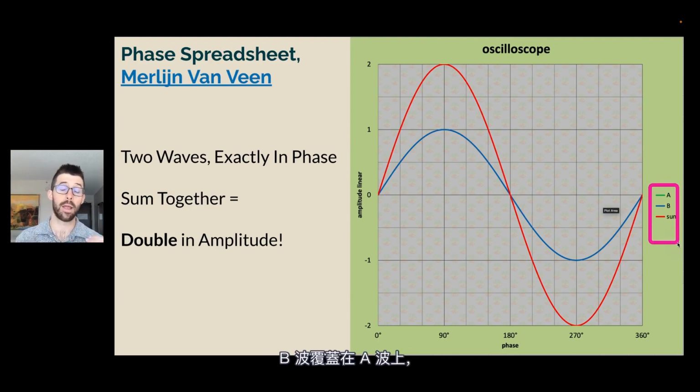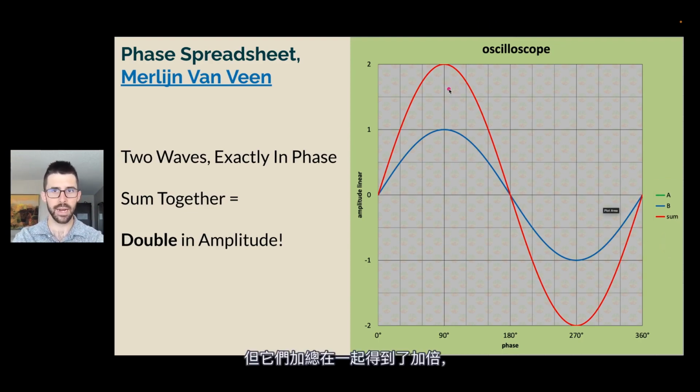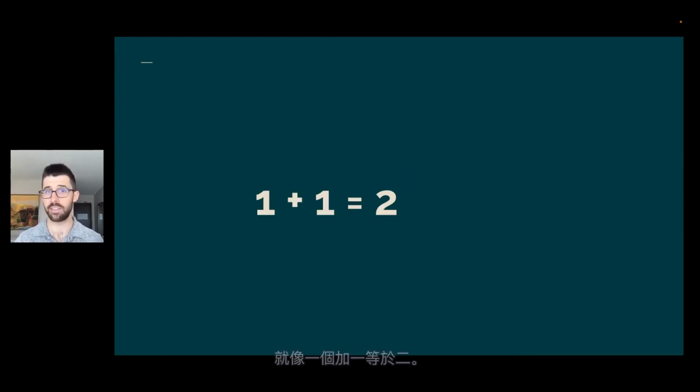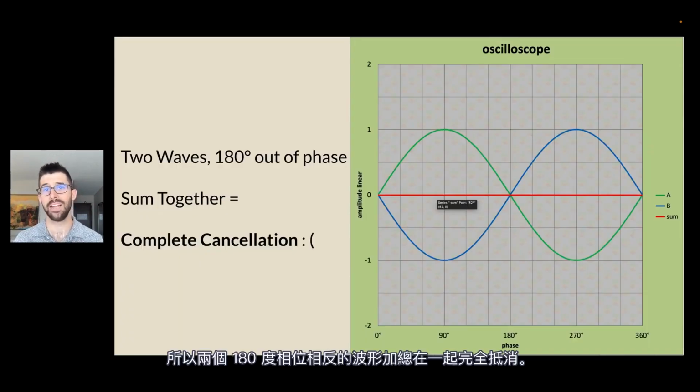The B wave is overlaid on the A, we can't see it, but that sums together to get us a doubling, because this was at 1 being its positive amplitude, and now it doubles to 2 when they combine together. All right, so two equal waves in both amplitude and phase relationship combined together, it's the same as 1 plus 1 equals 2.